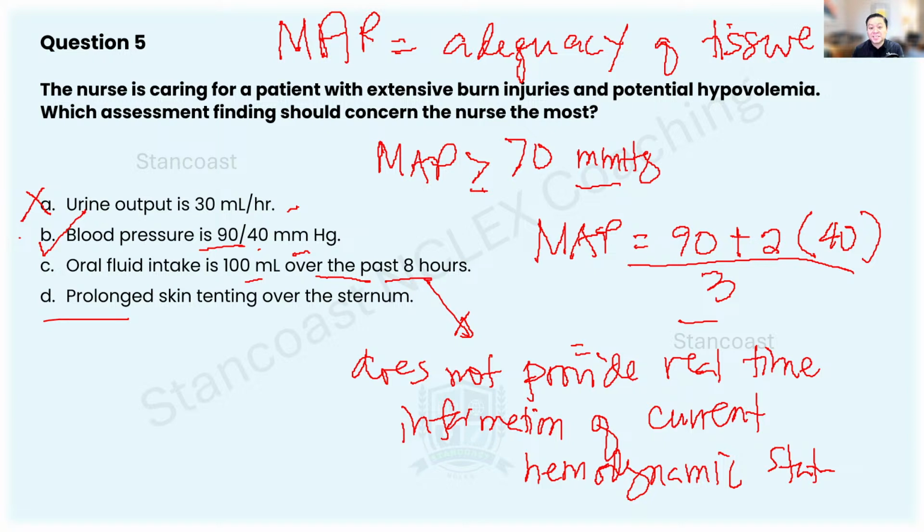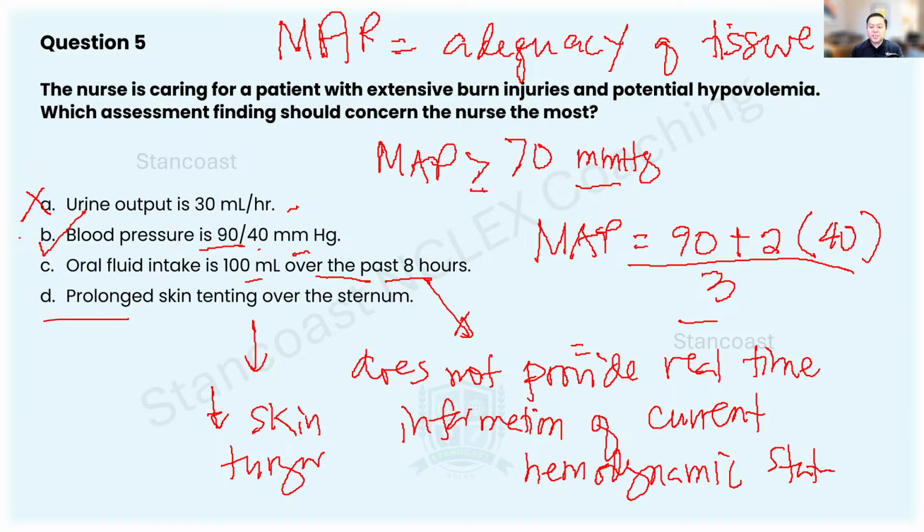So this is basically a lack of skin turgor, right? Decreased skin turgor. Decreased elasticity.